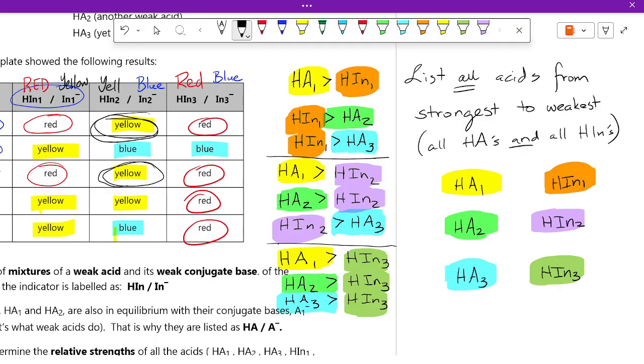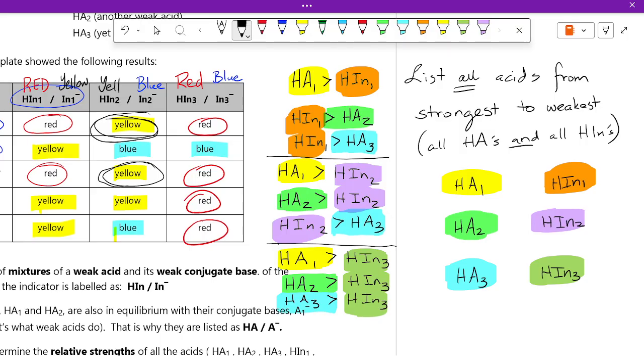Anyway, so now we have those. Can we do this with them? Either like this or like this. Do you know what I mean? Who's the strongest?